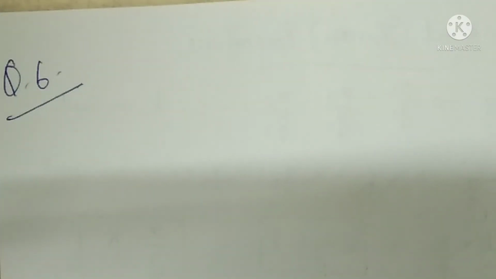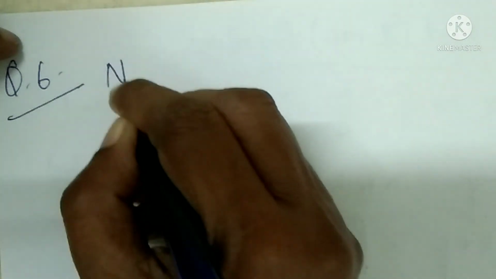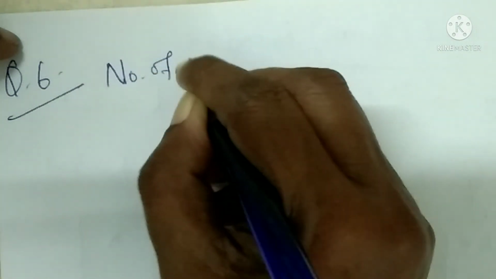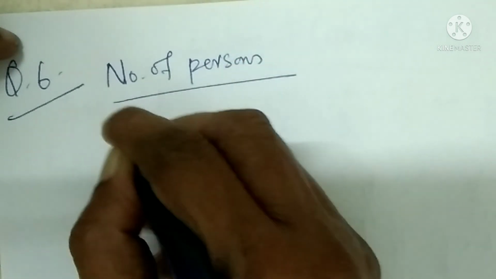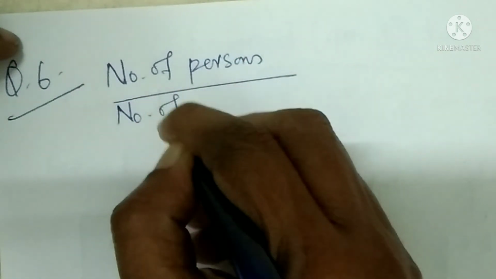Now question number 6. A contractor estimates that 3 persons could rewire Jasminder's house in 4 days. If he uses 4 persons instead of 3, how long should they take to complete the job? Again, here number of persons and number of days.